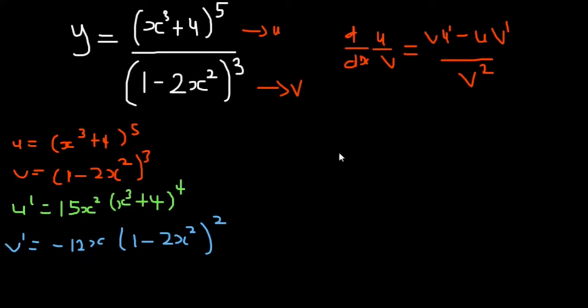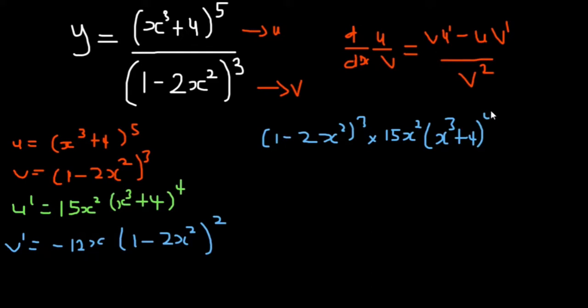Okay, so now first of all I have v times u prime, so that will be 1 minus 2x squared, all to the power 3, times u prime, which is 15x squared into bracket x to the power 3 plus 4, all to the power 4.